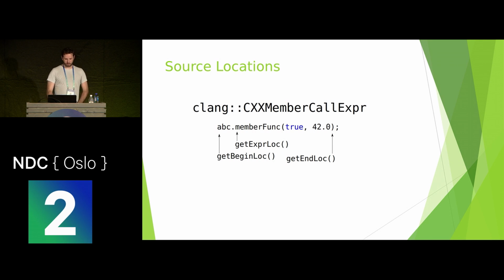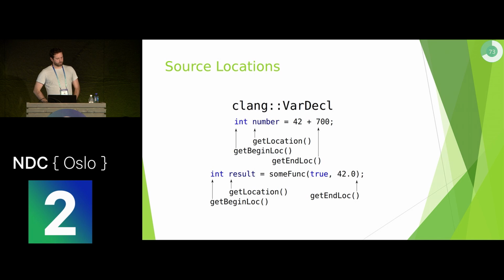So that's not so easy. And variables in your C++ code are represented by the VarDecl. That again has a getLocation. It has a begin and an end location. But if it has an initializer, that's way at the end, just before the semicolon. So there could be a lot of other interesting locations in there that you care about.